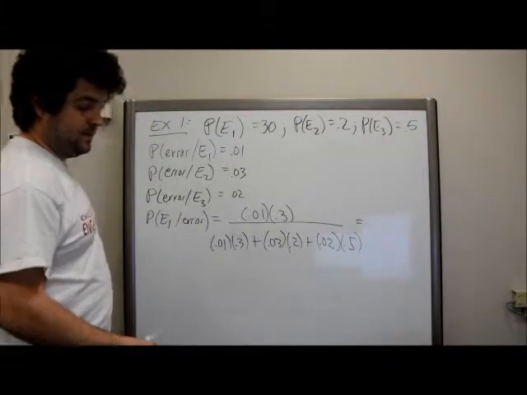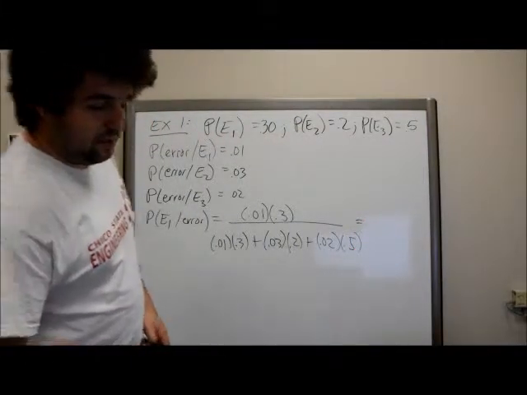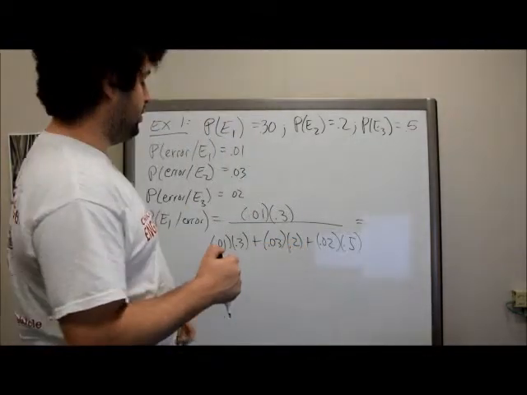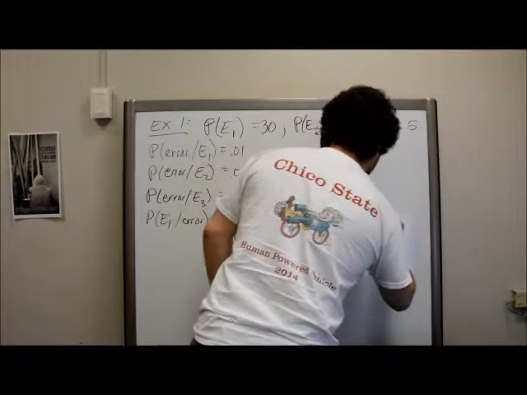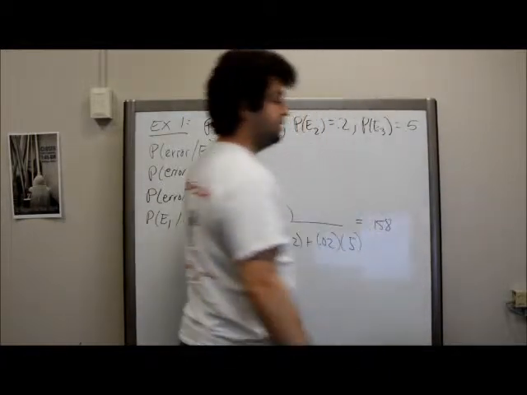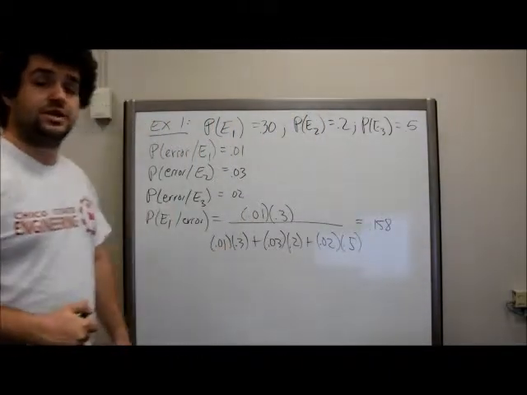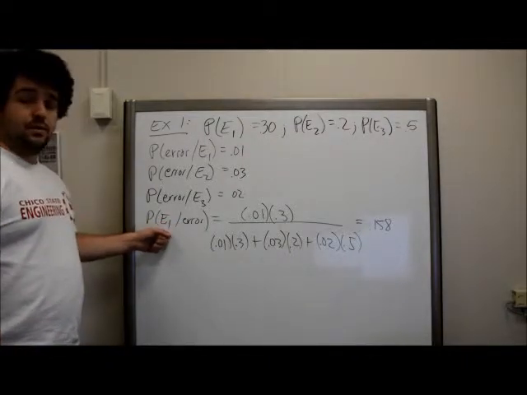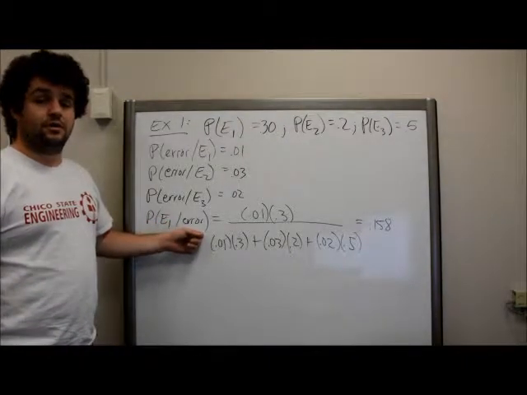Okay? And now that gives us a value equal to 0.158. That's a 15.8% chance that engineer 1 did the job, given there was an error.